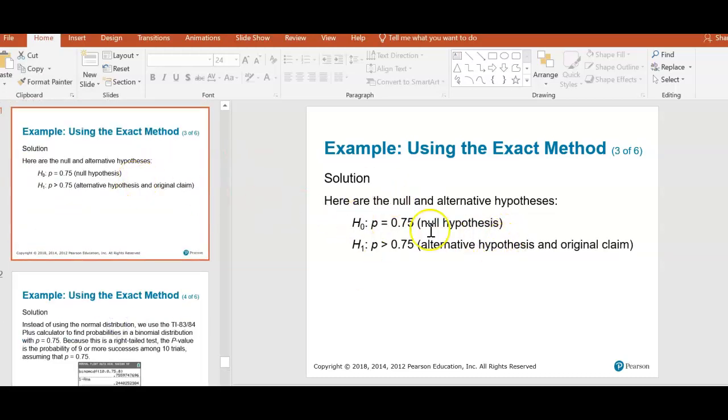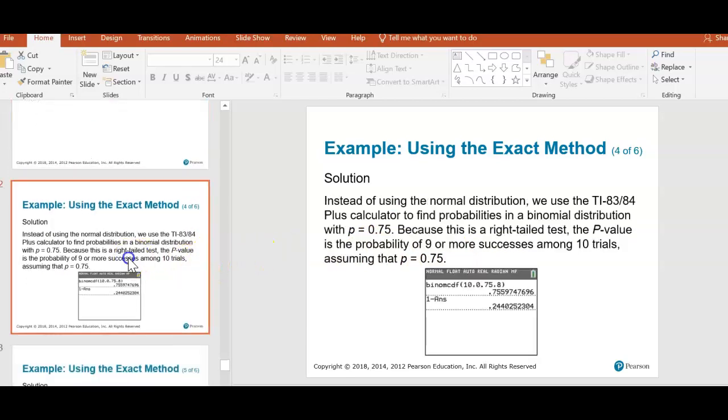So our null hypothesis is that it's 0.75, and we're looking for an alternative hypothesis that this proportion is greater than 0.75. So what we're going to do is use the binomial probability and find the probability of getting 9 or more successes among 10 trials.